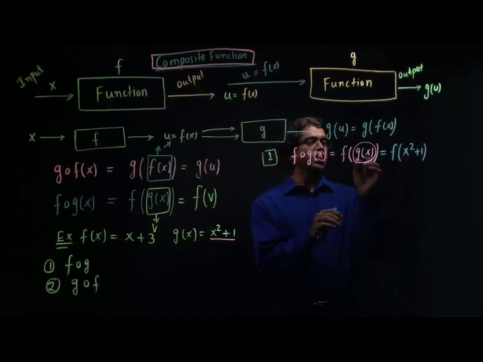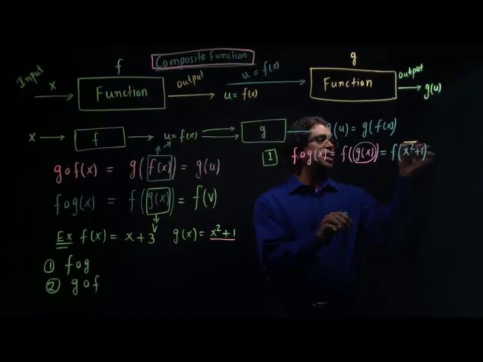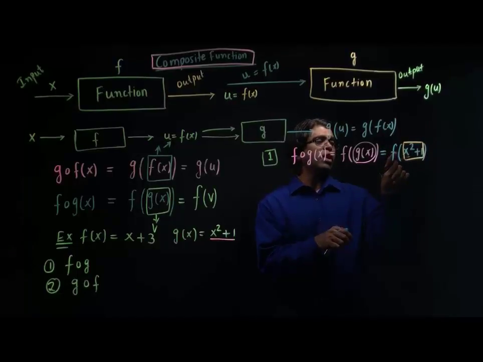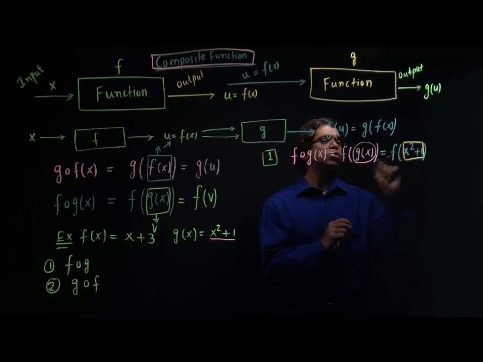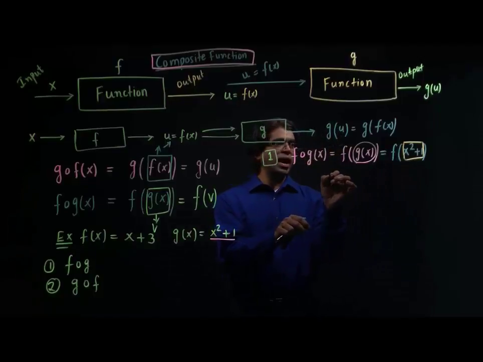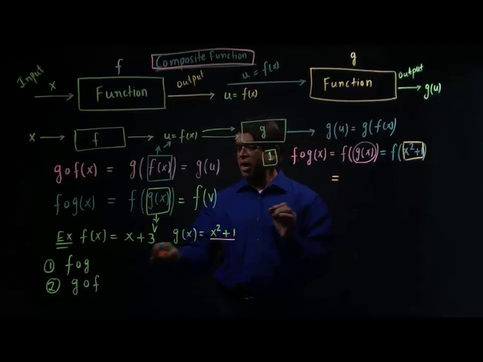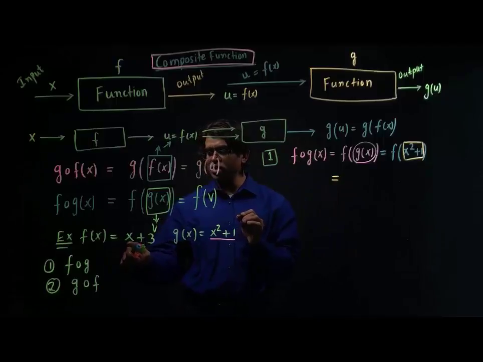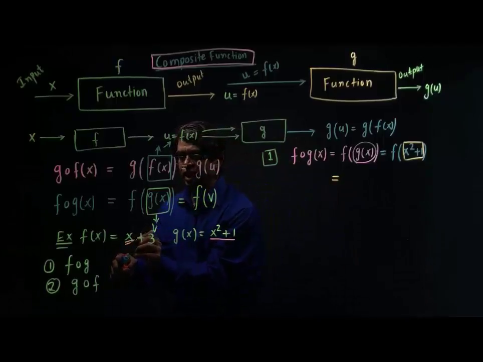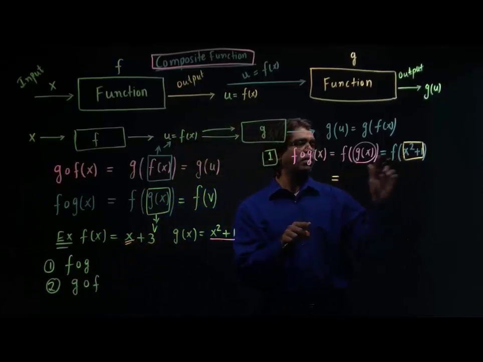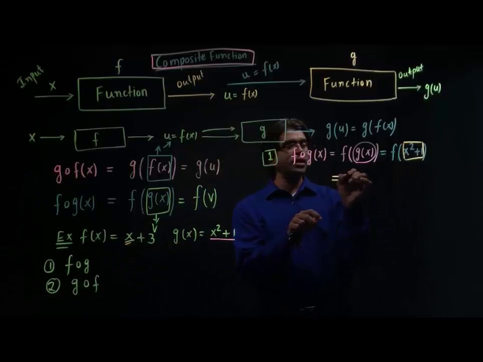Now this function f will treat x squared plus 1 as x. So for every x in f(x), we will replace it by x squared plus 1. My f(x) is x plus 3, so for this x, I will replace it by x squared plus 1.